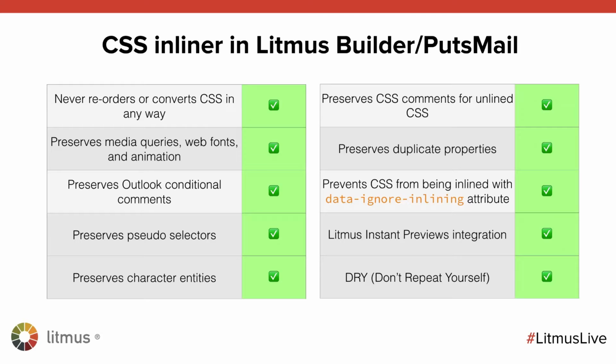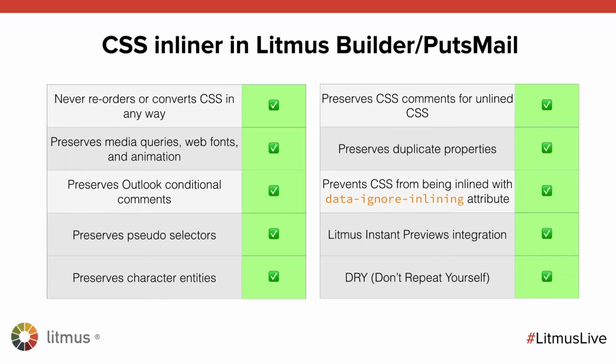It preserves media queries, web fonts, and animations. So if you're using any specific type of CSS that you want to stay in the head of the document, it's not going to strip that out. It'll preserve Outlook conditional comments for you, so you don't have to worry about that breaking anything that you're doing specifically for Outlook. It preserves pseudo selectors.